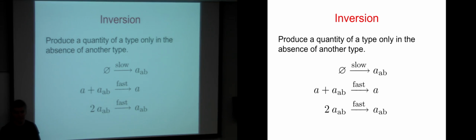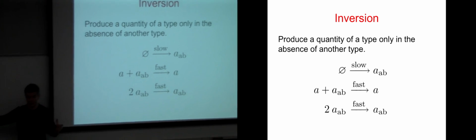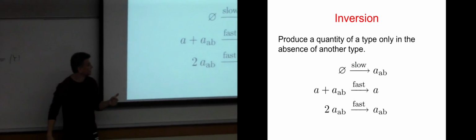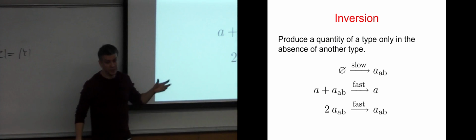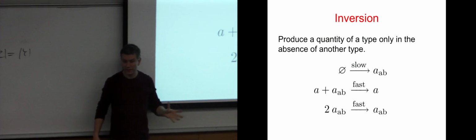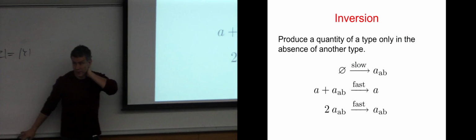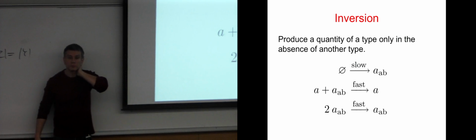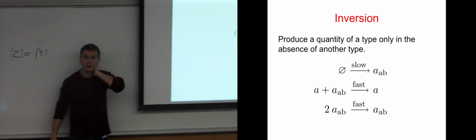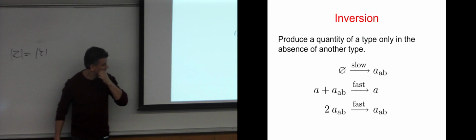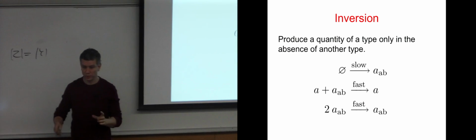Then each absence indicator grows to be a very large quantity, because there's nothing that consumes AAB in the absence of a type. But it's a good question. I don't have an answer for it. Let's return to that when I show you the specific construct.